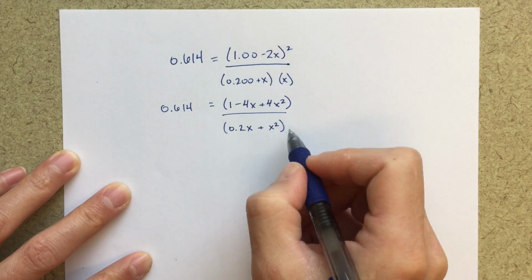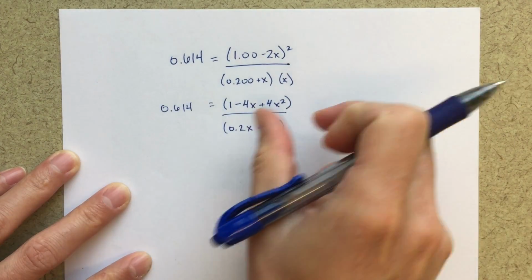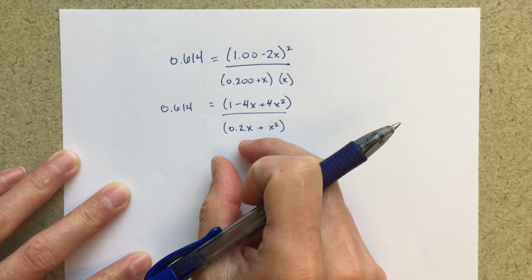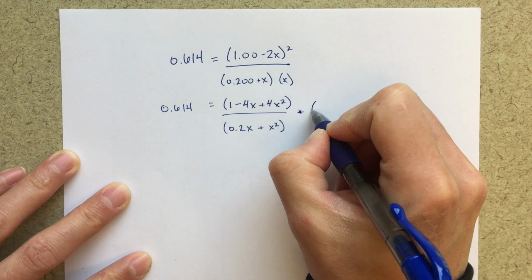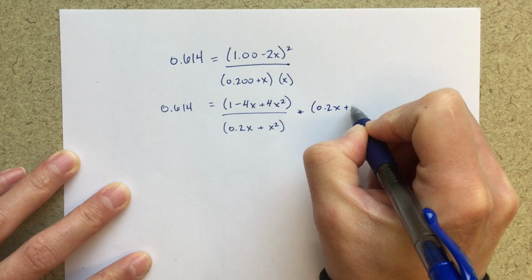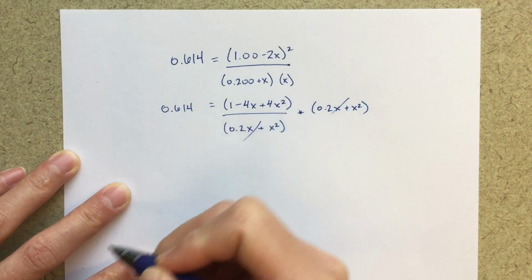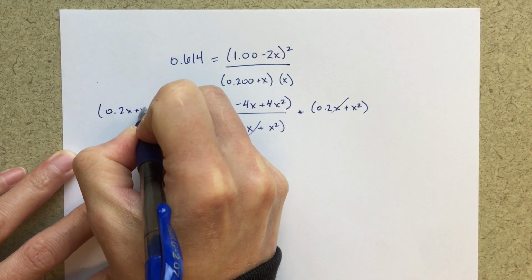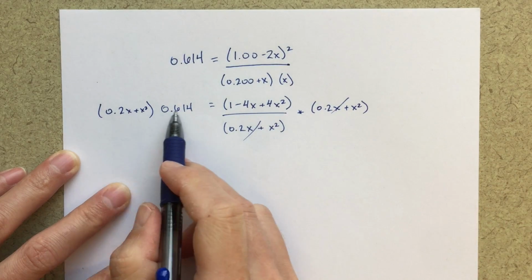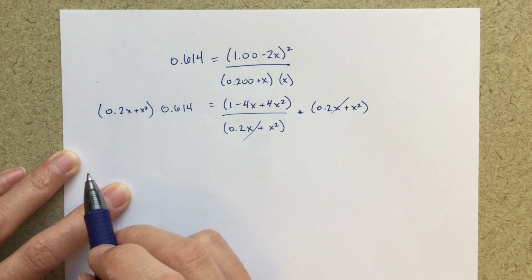The next thing that I would do is multiply both sides by this 0.2x plus x squared to get rid of the denominator. So if I multiply this side by 0.2x plus x squared, those are going to cancel. And I need to do the same thing over here. Then I'm going to do the same sort of distribution on the left-hand side.